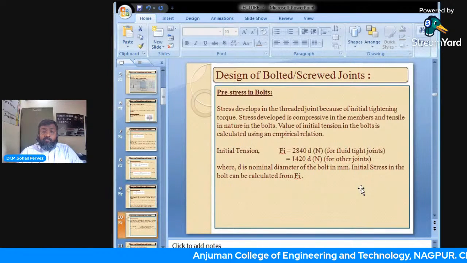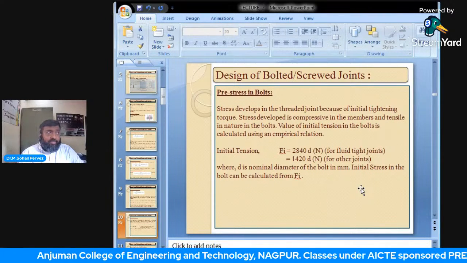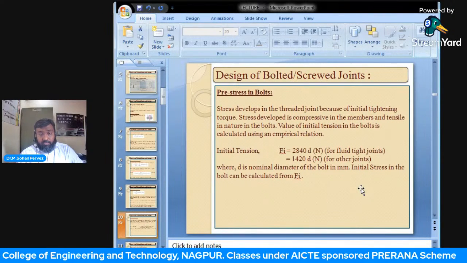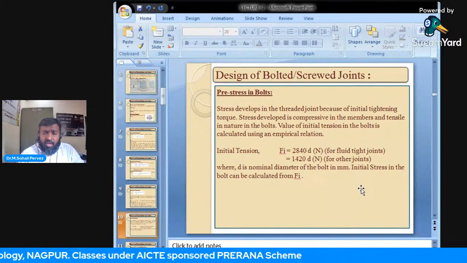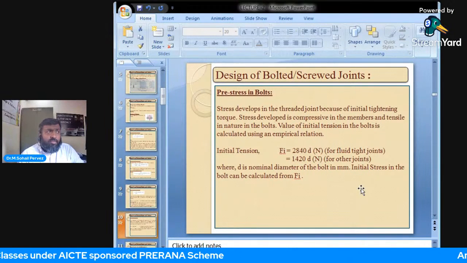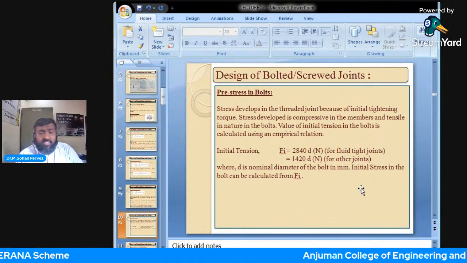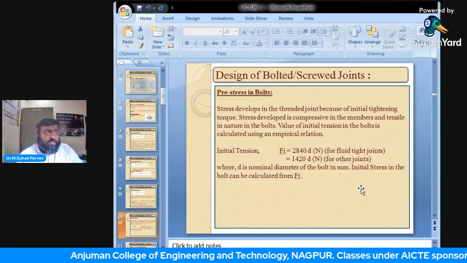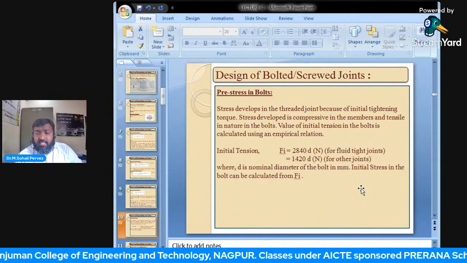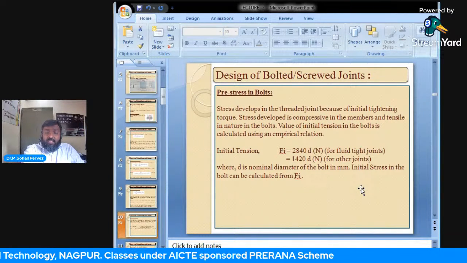Next one, you might have heard of pre-stressed bolts and where they are required. Just take the example of two-wheelers, specifically mopeds like Activa or Access. If you go for the repair of your tire puncture, that pre-tightening, pre-stressing of the bolt is very necessary.